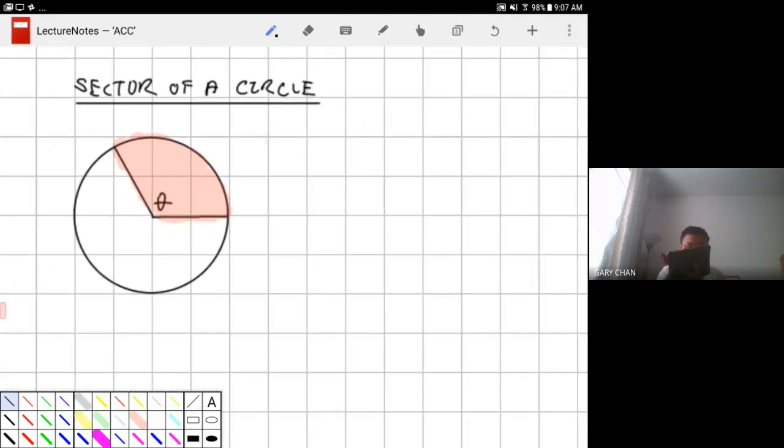It's the area of the slice. And I'm putting the word slice in quotation marks here because slice is not a mathematical term.